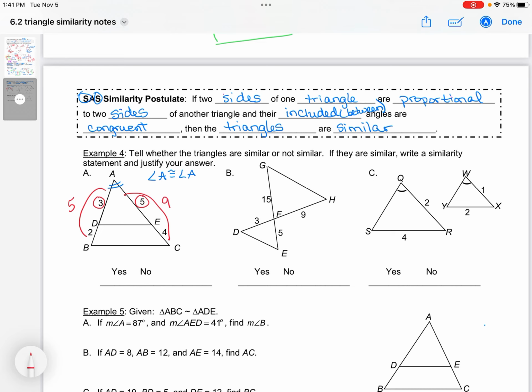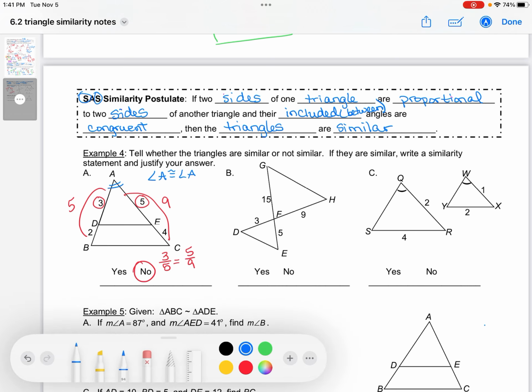So I'm going to put 3/5 should be proportional to 5/9. Which looks like no to me. Okay, just gonna go with no.